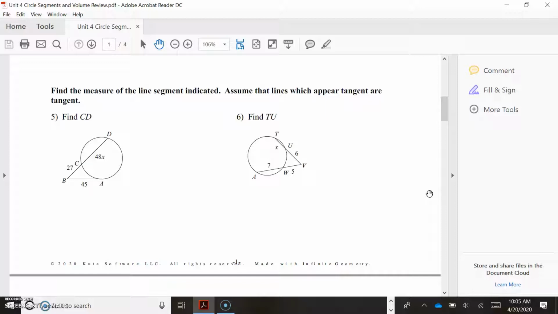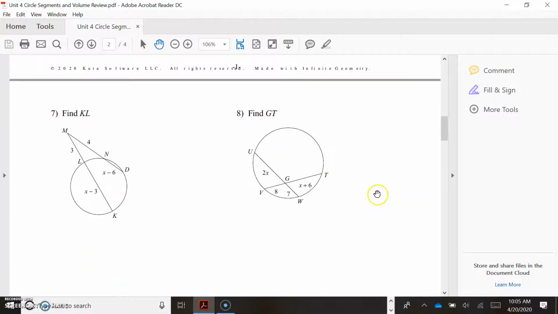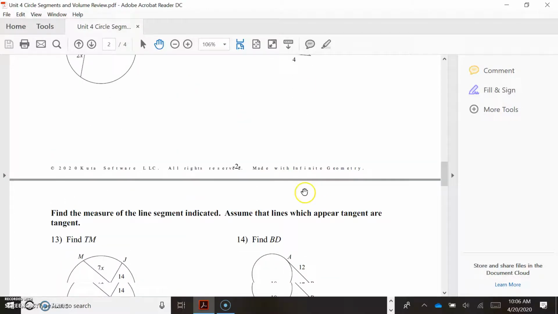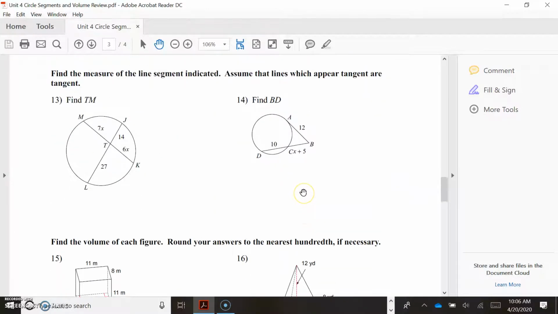Number 7, I'm supposed to find KL. So when I go to find KL, I am going to get 5. And then 8, I'm finding GT. GT is just the x plus 6 part. Okay, did I do that anywhere else? Yes, okay. 13.